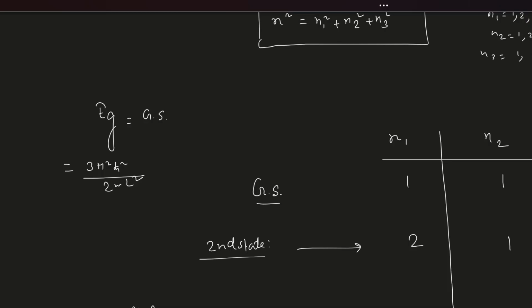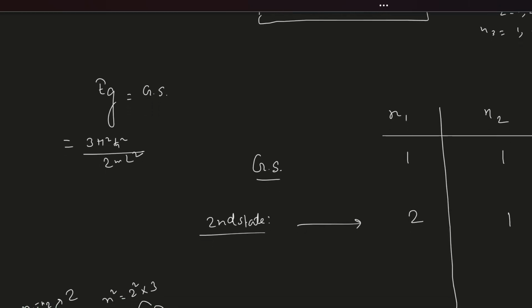So this is 2 squared plus 1 squared plus 1 squared equal to 6. So this is 6 pi squared h cut squared by 2m L squared, right?